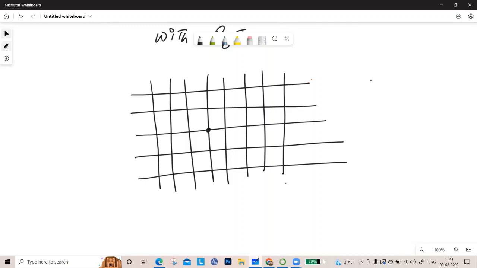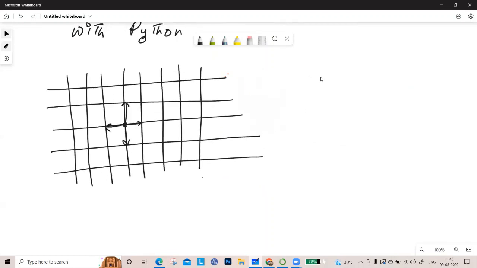And the model is, the walker can go at each time step either in the positive x direction, or in the negative x direction, or in the positive y direction, or in the negative y direction. So it can go to all its four nearest neighbor points. Okay, so this is our model at each time step.